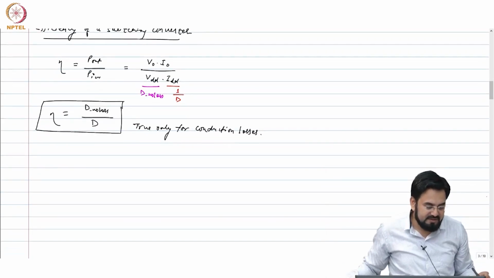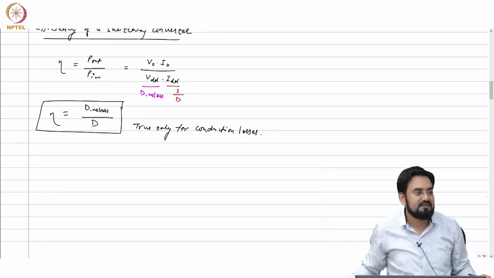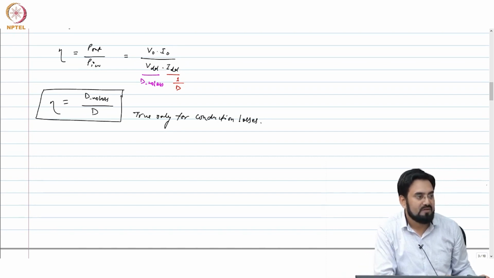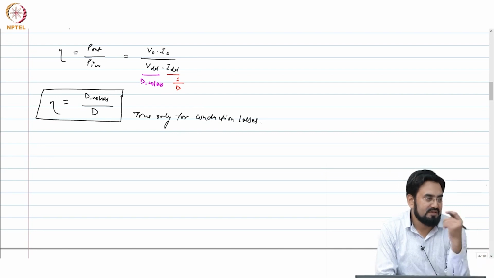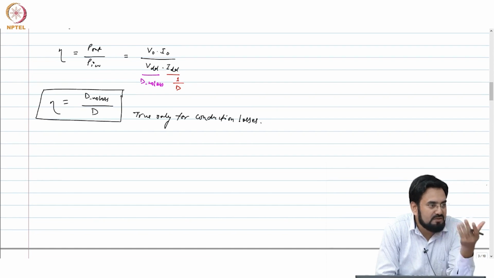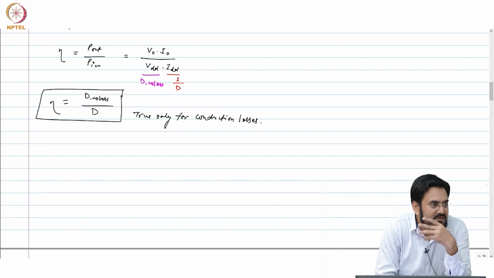So, how can I find the lossless D? What is the loss actually here? I square R. So, if you make I 0, the loss will be 0. So, under the no load condition, you get the no loss duty cycle, and when you apply the load, you get the lossy duty cycle.